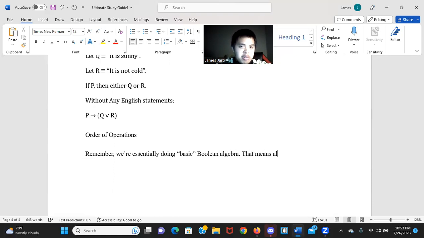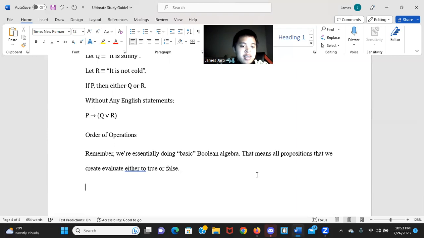That means all statements evaluate either to true or false. All propositions, I should say. All propositions that we create evaluate either to true or false, because those are the two main values. In fact, they're really only the two values of Boolean algebra.